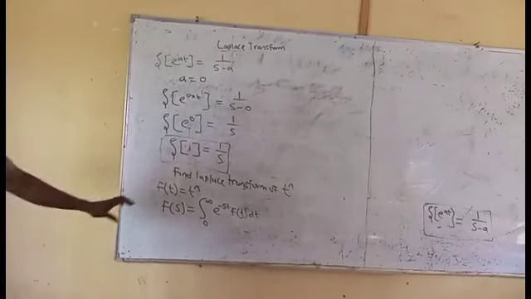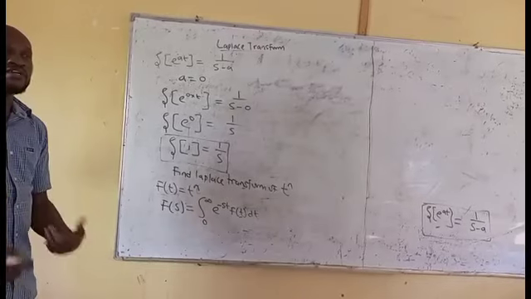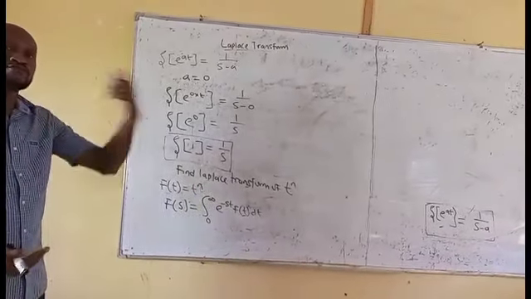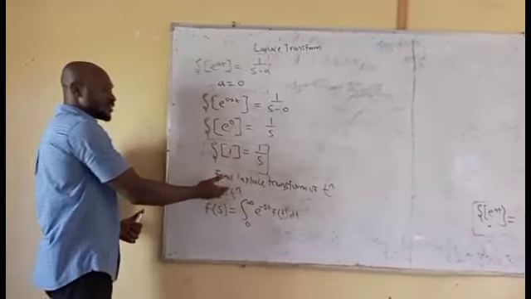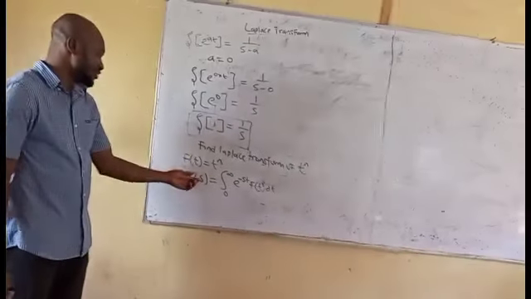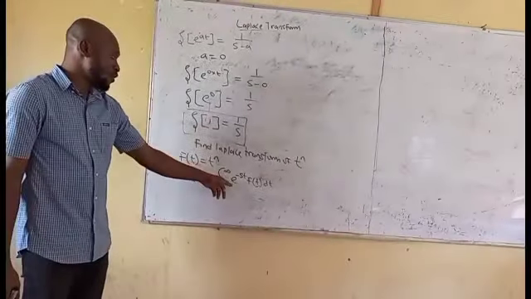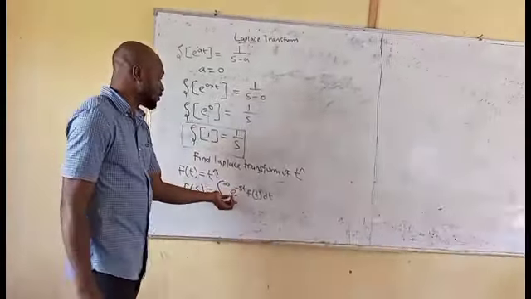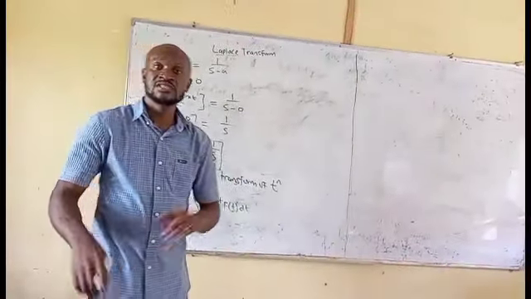So this is the formula for the conversion. When you say transform, you are transforming from one function to another function. The Laplace transform of f of t is the integral from 0 to infinity of exponential minus st multiplied by f of t times what?